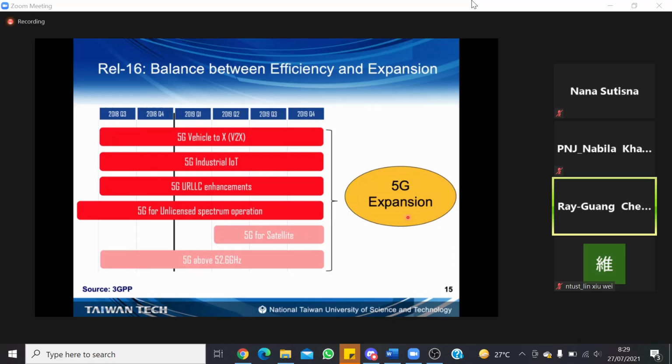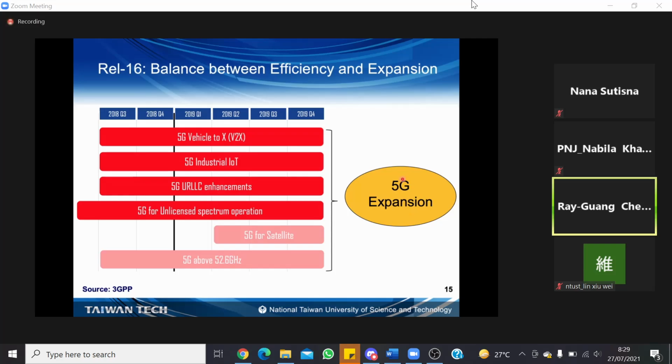I'll quickly go through Release 16. Release 16 actually defines two parts. The first part, they want to address the balance between efficiency and expansion. First of all is expansion. As we mentioned, Release 15 is more related to eMBB. So in Release 16, they try to define some extra features for 5G.